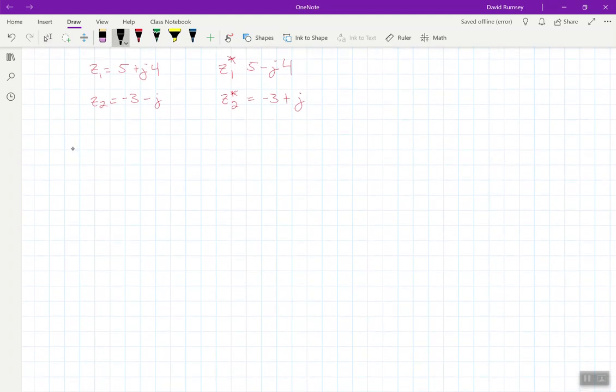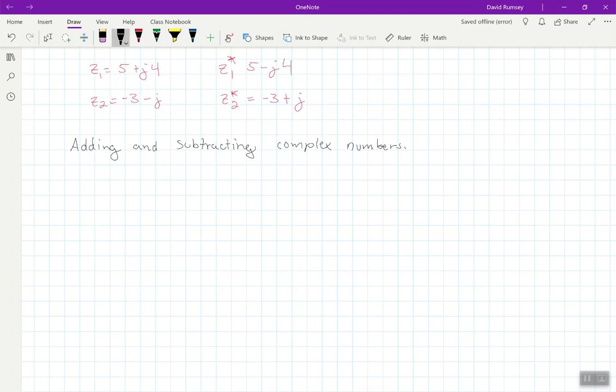So we're going to first start with just adding and subtracting complex numbers. Adding and subtracting complex numbers in rectangular format is actually really easy to do.